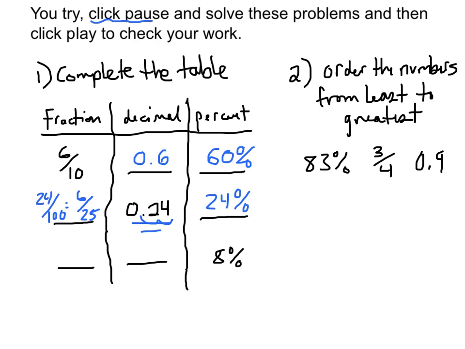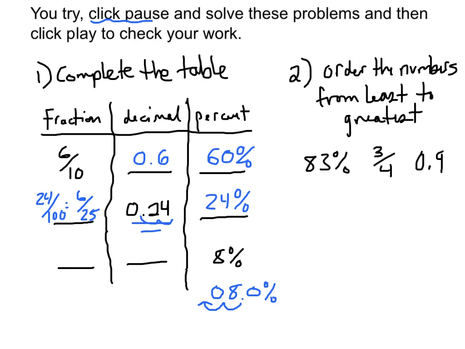8% is kind of a tricky one. I put this one here on purpose because I wanted you to pay attention to what happens when you have a percent that's less than 10. 8%, 9%, 7%, 6%. It's like 8.0%. And if I move the decimal 2 places to the left, I have to fill in a zero on the other side of the 8.